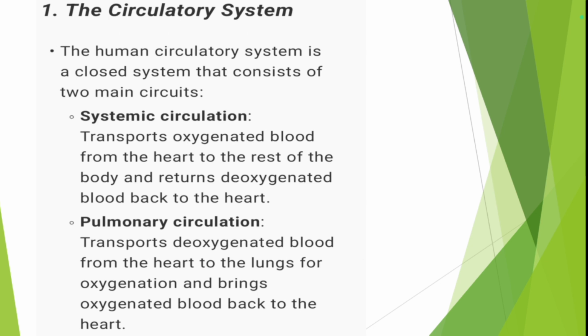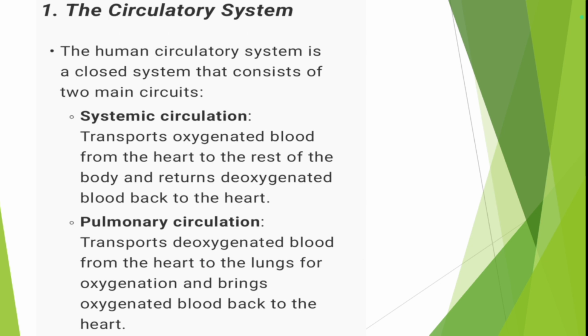Whenever we use the word pulmonary, we can understand that something is associated with the lungs. In the pulmonary circuit, the deoxygenated blood from the heart reaches the lungs, and in the alveoli it is purified, and again the oxygenated blood or the pure blood is sent to the heart.